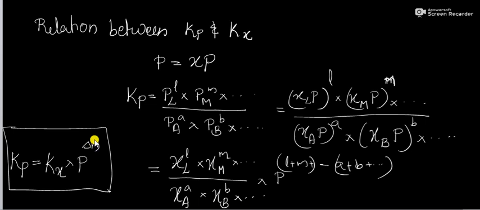That is, delta n is equal to number of product molecules minus number of reactant molecules.